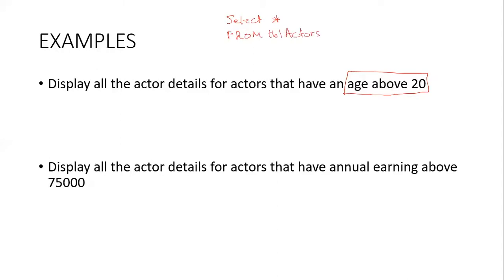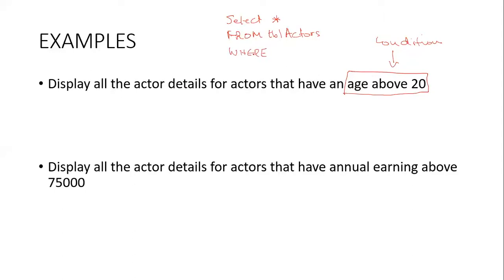This was explained in my previous video using the select from. But I don't just want all the actor details. I want only those actors that have an age above 20. So you can distinctly see a condition, a restriction coming into this particular example. So we will have our select statement, select star from TBL actors. And now we will introduce our where.